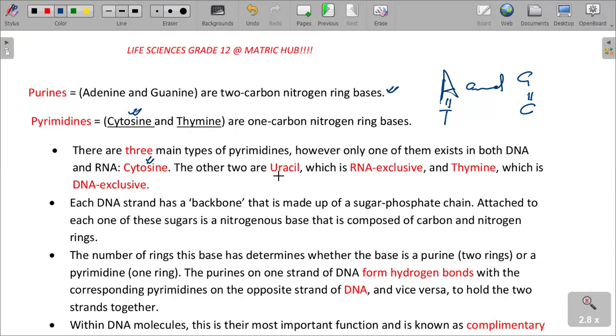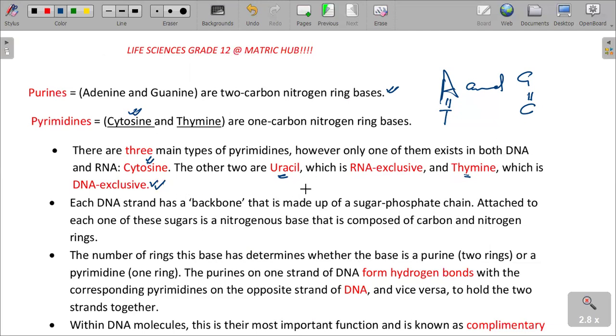We know that uracil is also a pyrimidine base, and it is only found in RNA. Thymine is DNA exclusive, meaning it is only found in DNA.